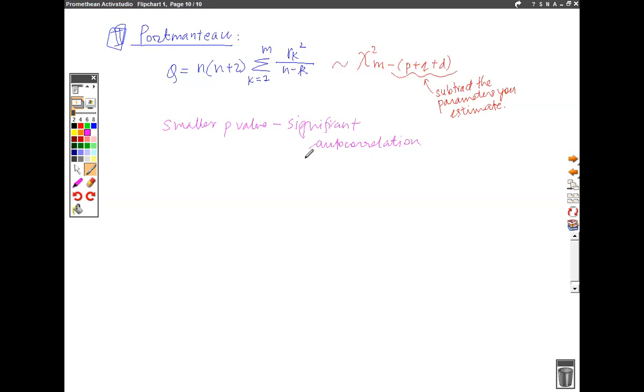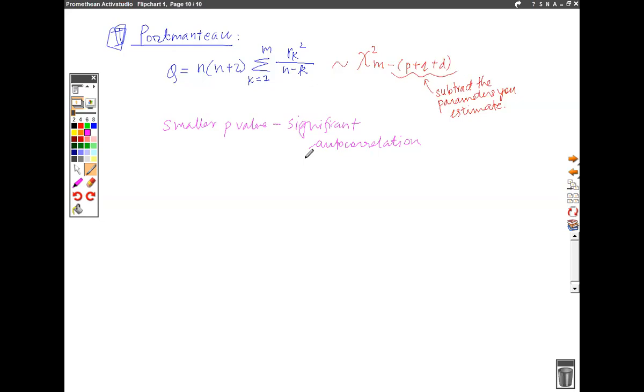So you will be given values of r1, r2, r3, r4, r5, and r6. Then you have to use this portmanteau test to determine whether this data can be considered white noise or not. It's pretty straightforward.